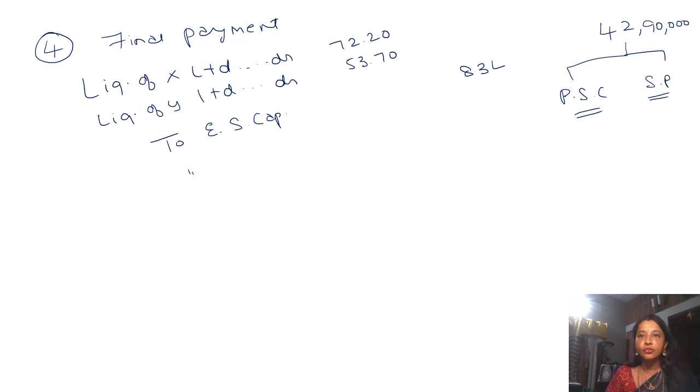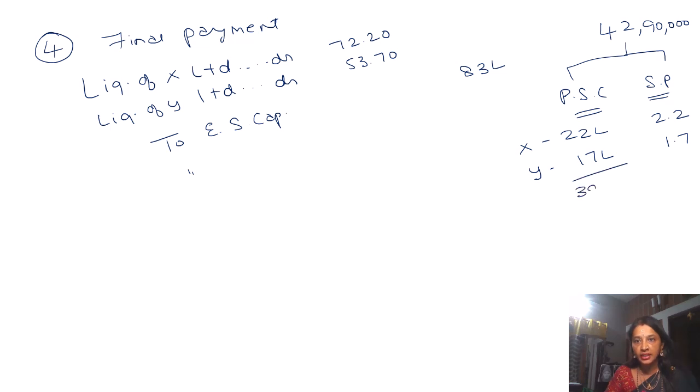Preference share capital for X was 22 lakhs and premium was 2.2 lakhs. For Y company, preference share capital was 17 lakhs and premium amount was 1.7 lakhs.